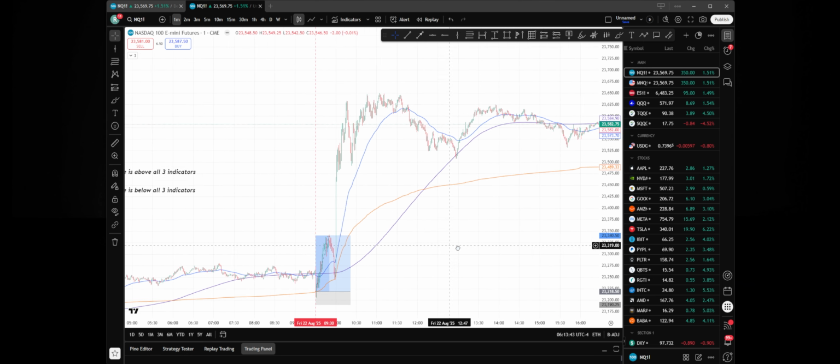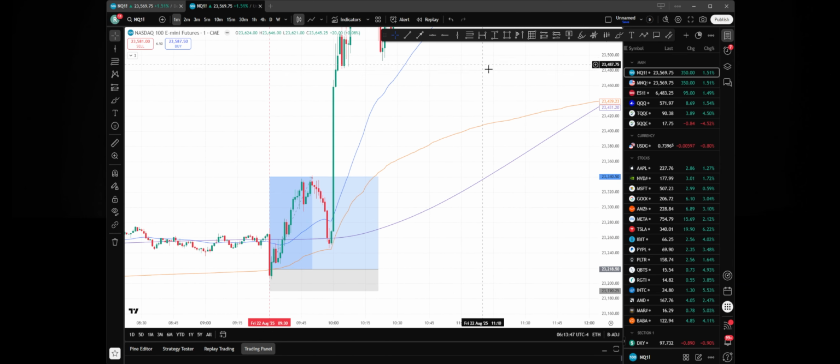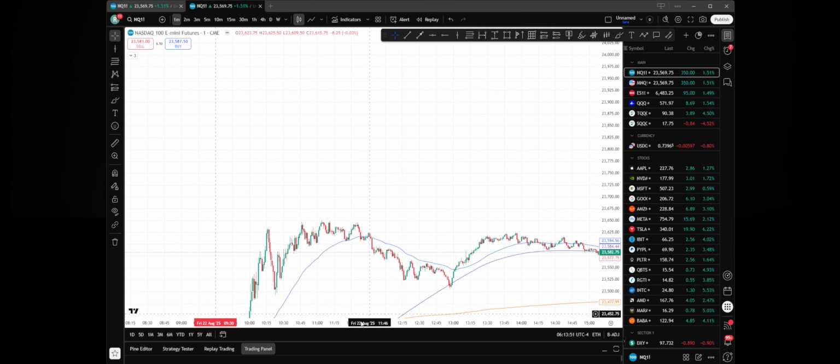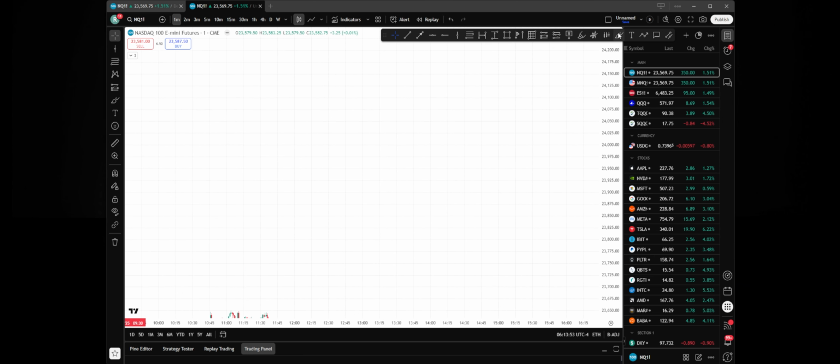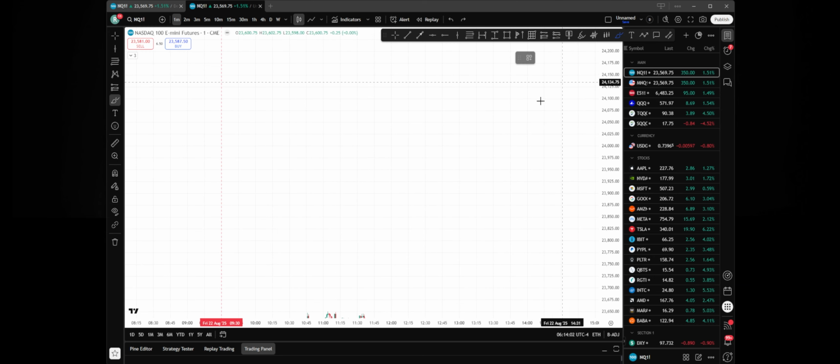So also, if I go over here, as you can see, the 50 EMA. Now, what I like to look for on a trend day is, you know what, I'm gonna sketch this one out. Let's say this is our 50 EMA line here. Actually, no, let me draw that again.